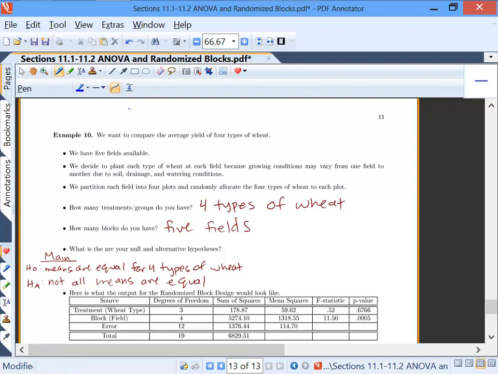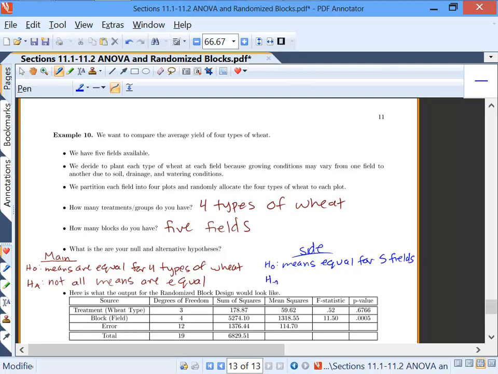Why is that my main question? That's what we really want information about. Because that was the whole reason we're doing a study, so that's why that's my main question. My side question could be, are the means equal for the 5 fields?